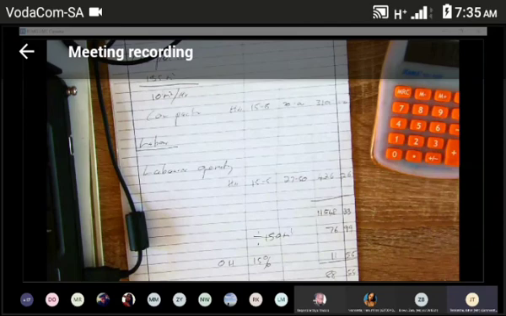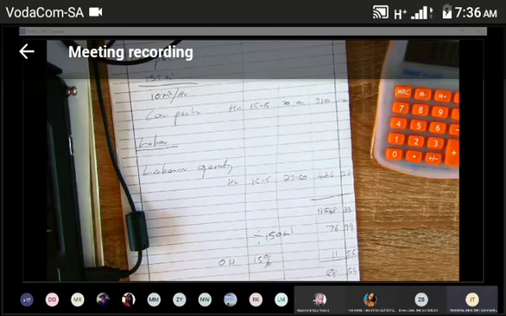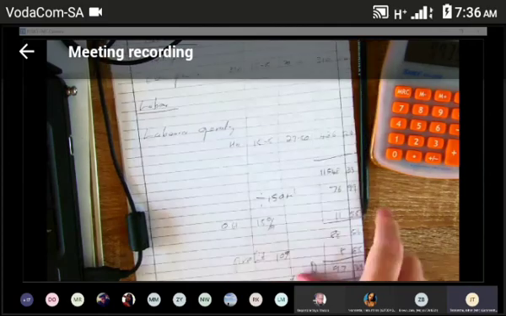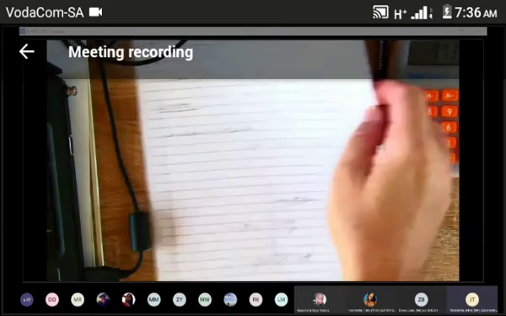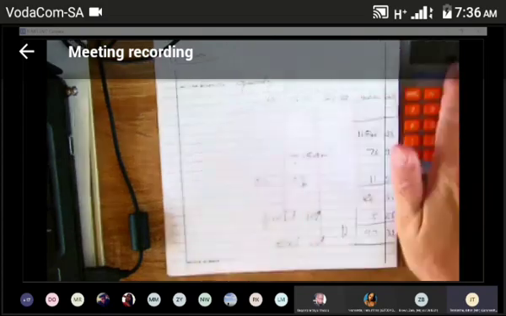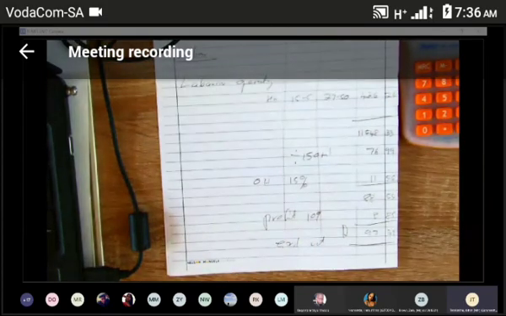Plus equals 97 rand and 59 cents, excluding VAT. You concur on that? The 97 rand and 59 cents over here. You concur on that?